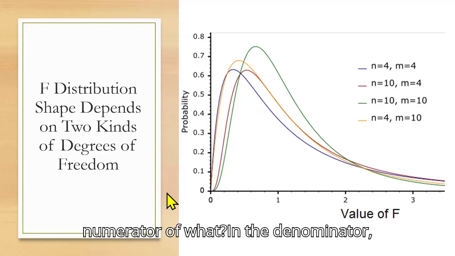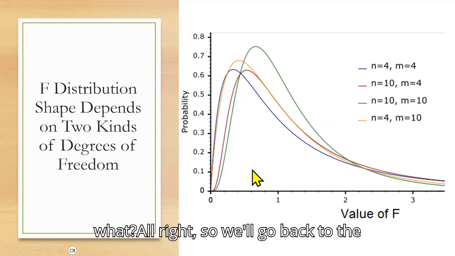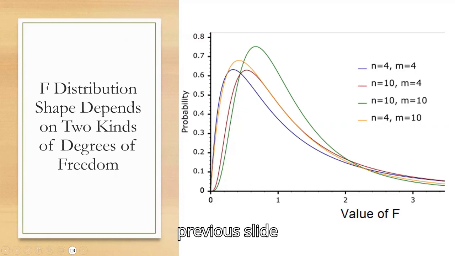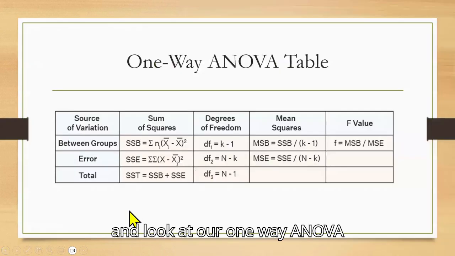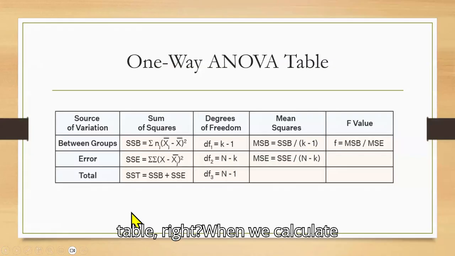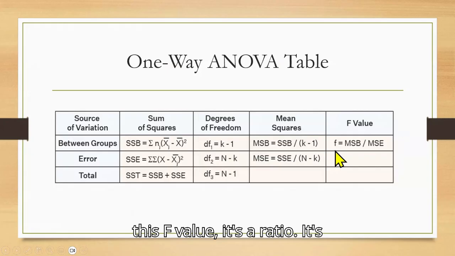All right, so in the numerator of what? In the denominator of what? All right, so we'll go back to the previous slide and look at our one-way ANOVA table. When we calculate this F value, it's a ratio.